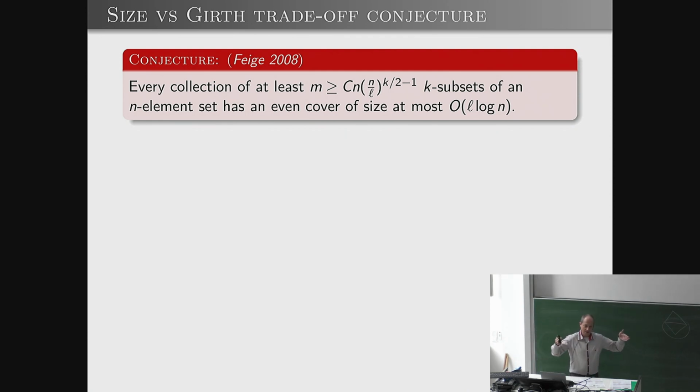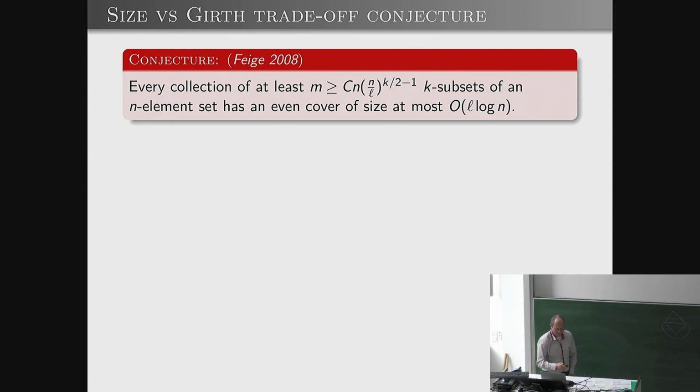So you have vectors with precisely k ones. And observe, just as a sanity check, if k equals 2, then 2 divided by 2 is 1, 1 minus 1 is 0, so you need only linearly many sets, and we know that if you have n edges, you have a cycle. So in the case k equals 2, this is a trivial statement. The interesting statement is when k is large.